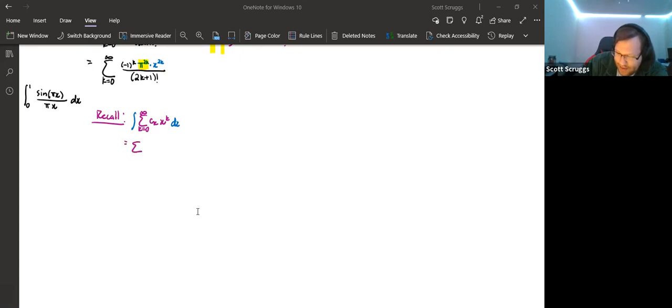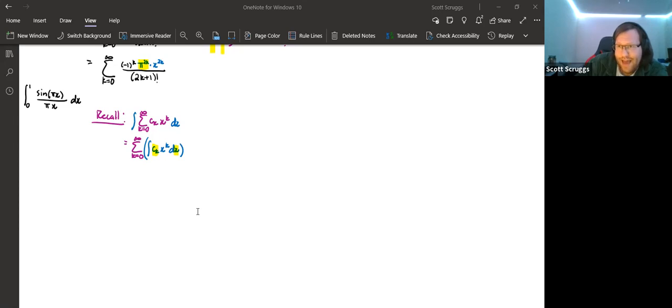And rewrite this as the sum k equals 0 to infinity of the integral, let's make it blue, of the terms within my series. Now, quick comment. I'm integrating with respect to x. That c of k, that's just a coefficient with k's in it.